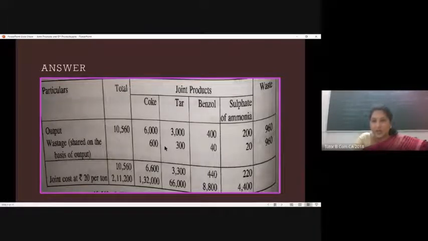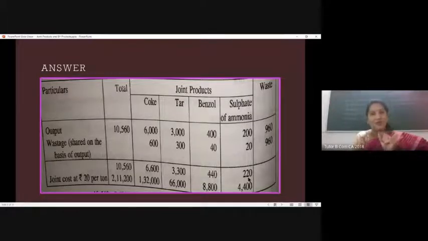We just have to total it up, and we find the joint cost by multiplying by the per unit cost in each of these cases, that is 6,600 into 20, 3,300 into 20, same as the case with 440 and 220. That's actually the physical unit method.